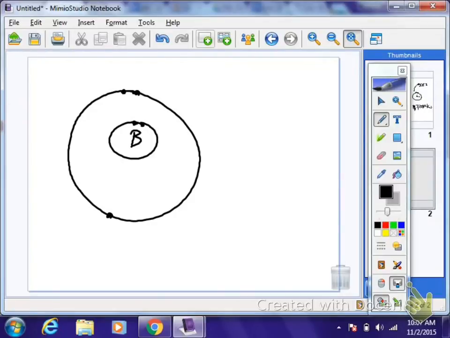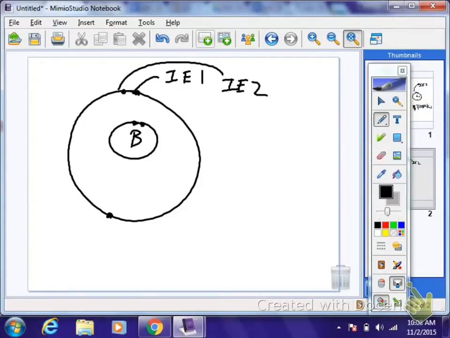So we're going to take out the first electrons. This electron's ie1. We'll take this electron out, we'll say that's ie2. Then what happens is the protons are still there, and we're subtracting out electrons. So what do you think happens to the attraction between these electrons and the protons in the nucleus?